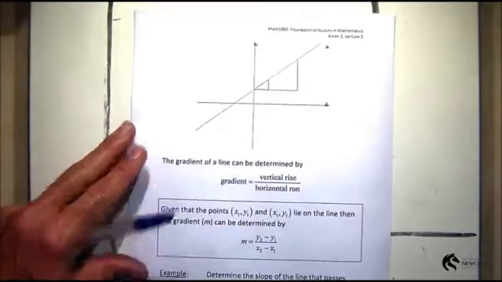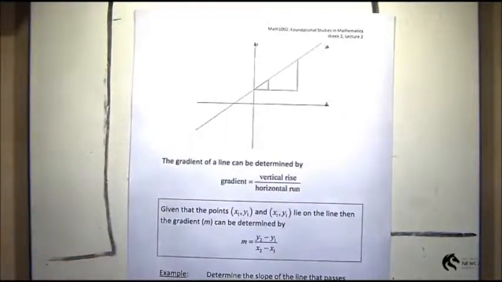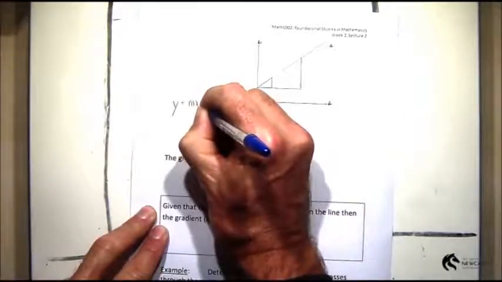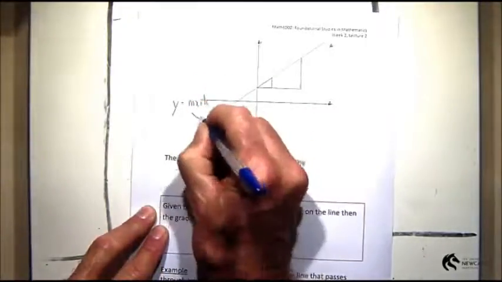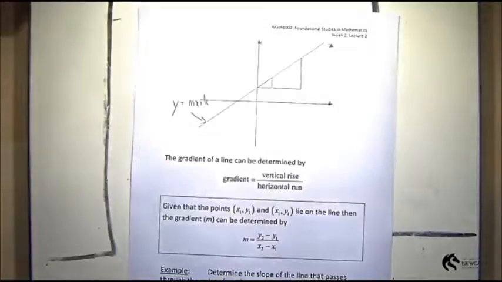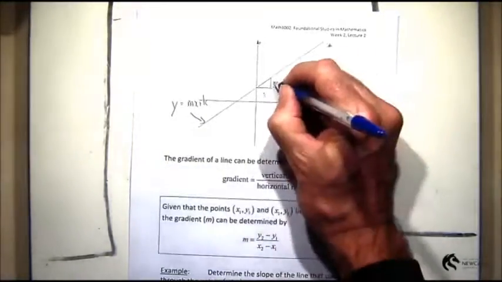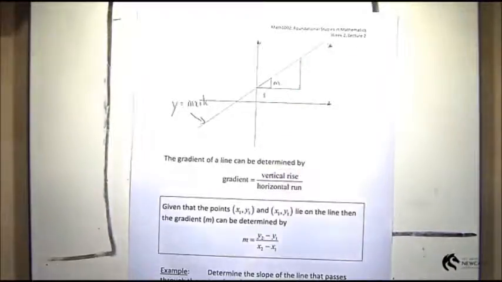We can say a little bit more about the slope. So if I have a line like this, y is equal to mx plus k, if that's the equation and that's the line, we know that as x goes across once, y increases by m.